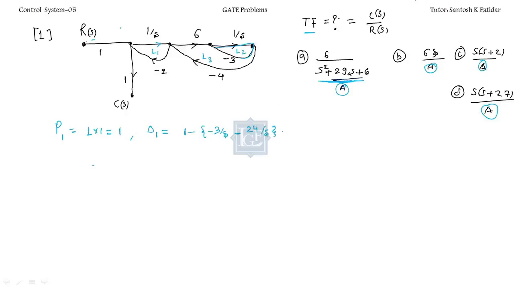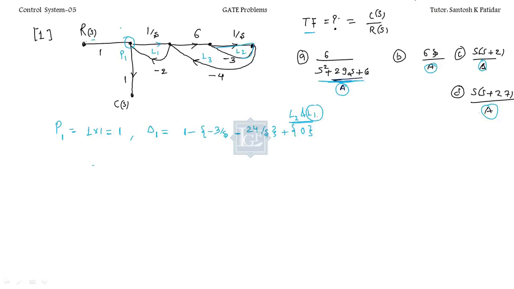Is it okay? Now let's take the non-touching loops. Do we have non-touching loops which are not touched to this P1? No, we don't have. But some people will take L2 and L1. Why are you considering L1 over here? L1 is already touching this forward path P1.